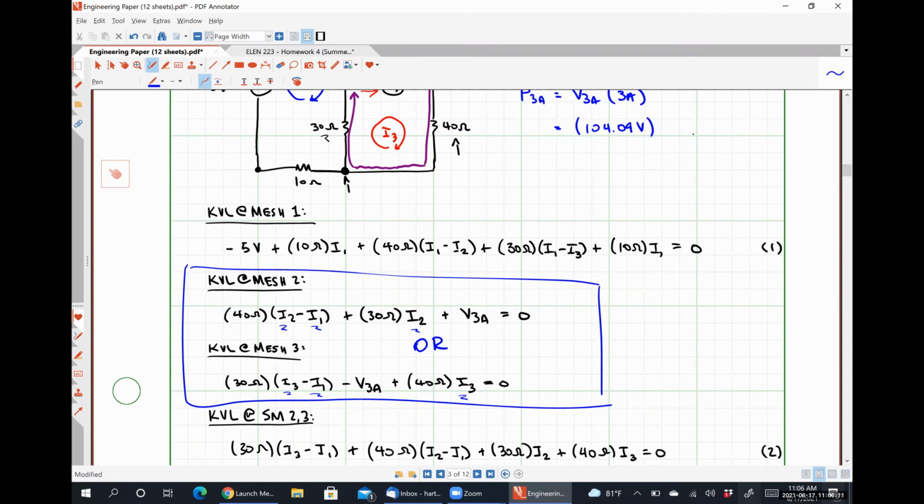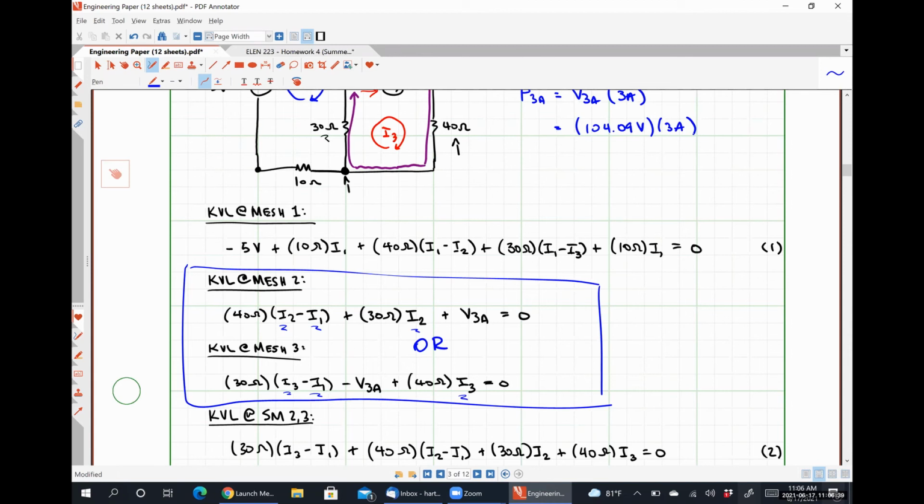If I did it with the first equation, so if I said that I had 40 ohms times I2, which was negative 1.591, minus I1, so minus negative 0.182, plus 30 times I2, negative 1.591.